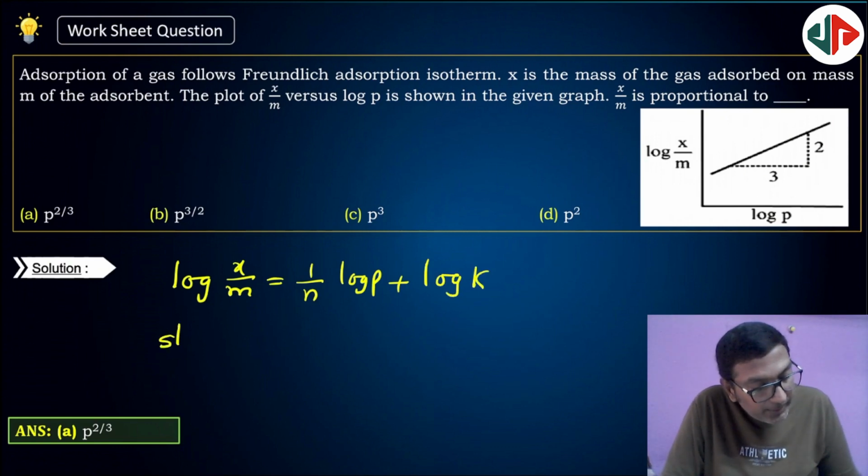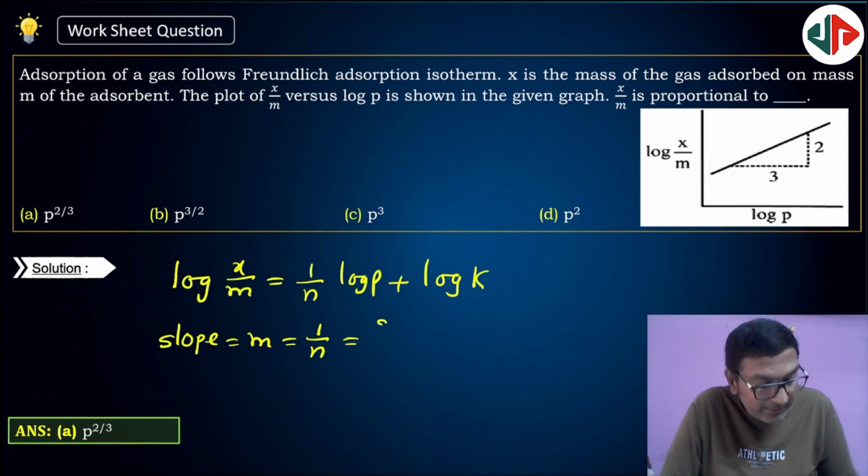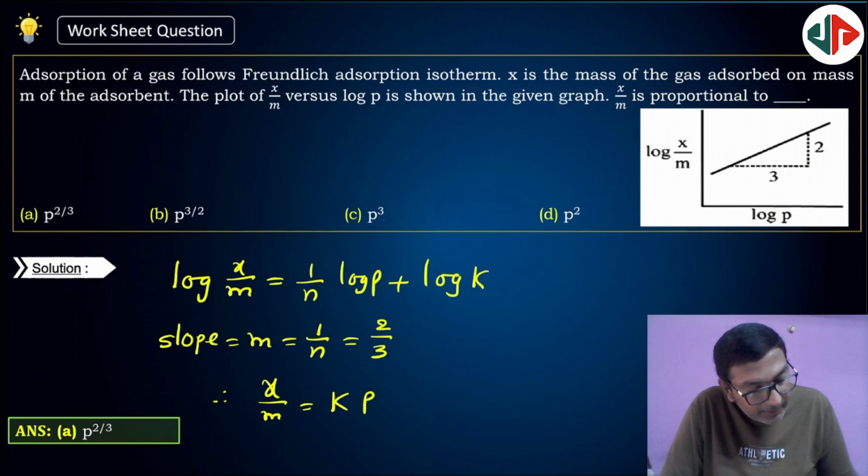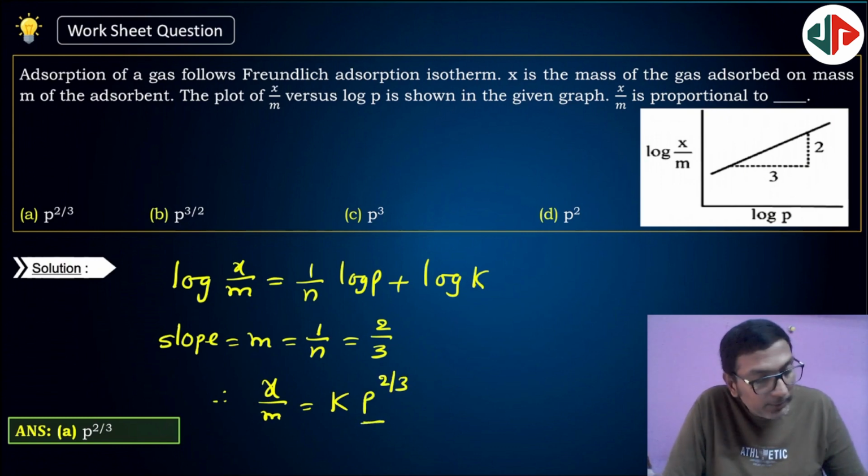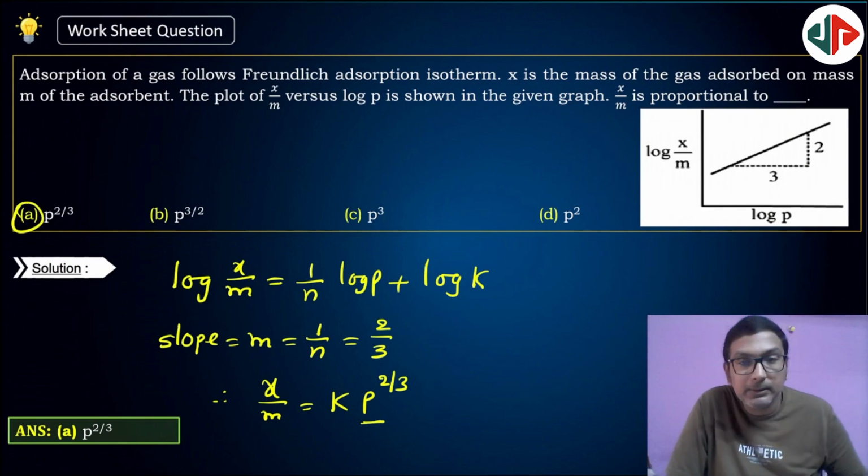Here the slope m is equal to 1 by n, that is y2 minus y1 by x2 minus x1, which is 2 by 3. Therefore x by m equal to k into p power 2 by 3. So p power 2 by 3, A is the option.